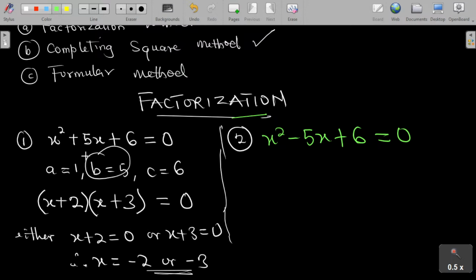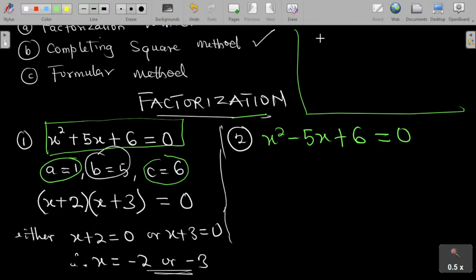I said that you have x squared plus 5x plus 6 equal to 0. So I said use your a, which is 1, to multiply your c, which is 6, and keep it somewhere. So let me assume I'm keeping it here.